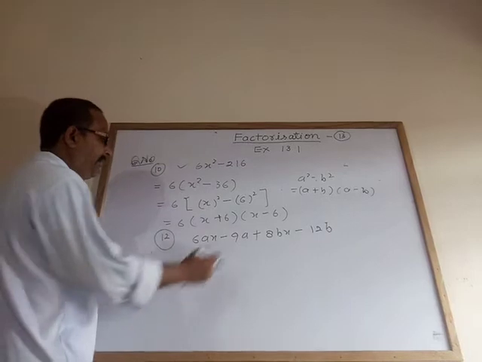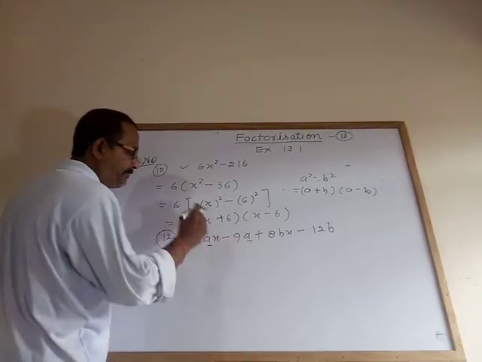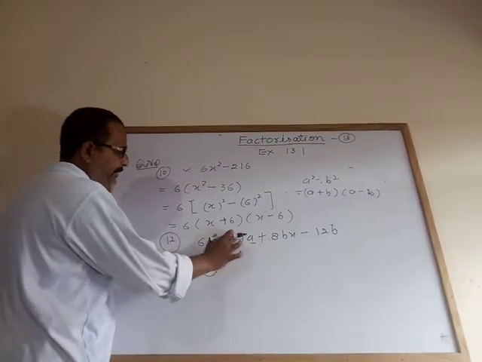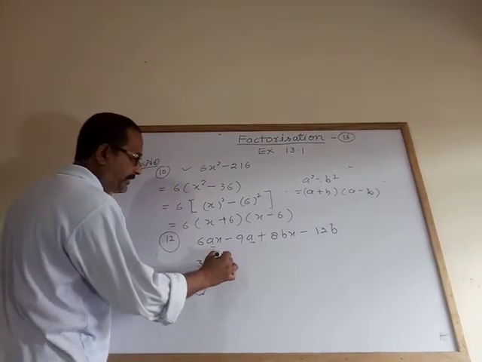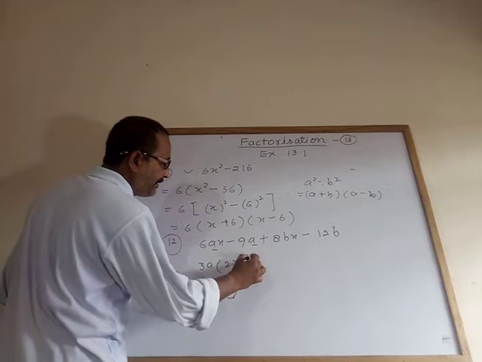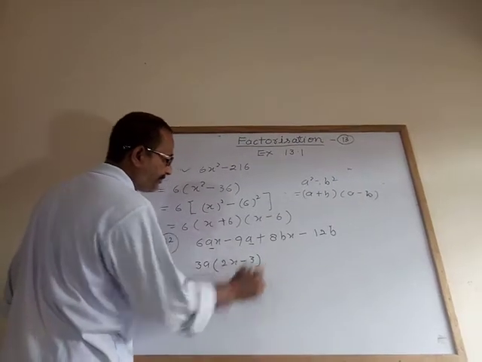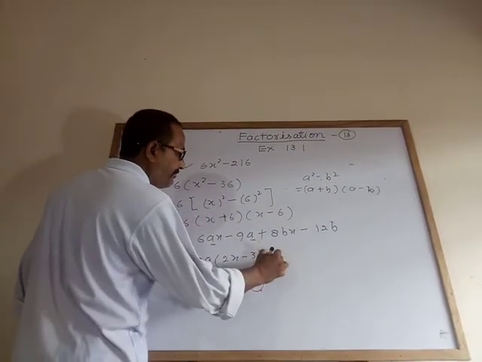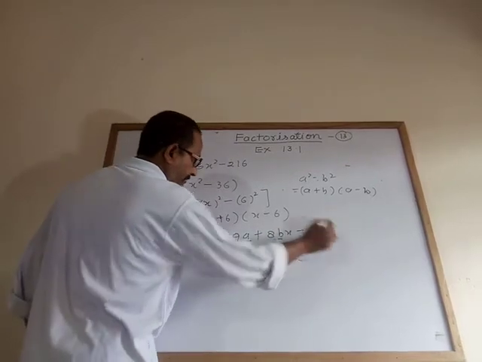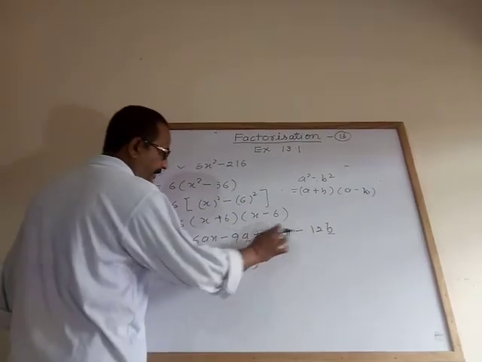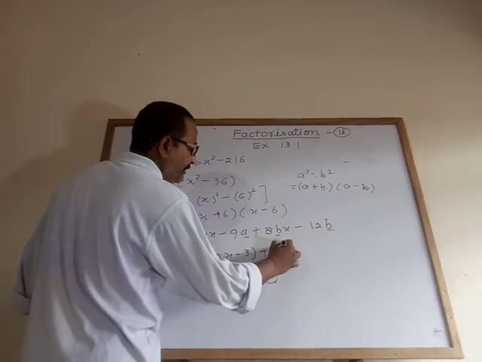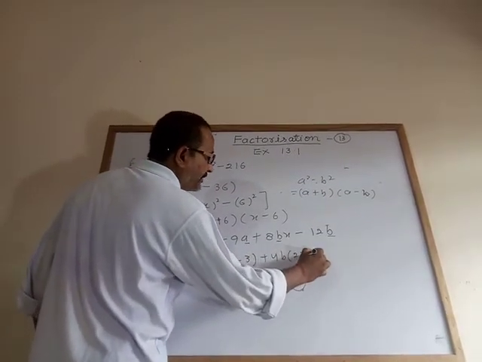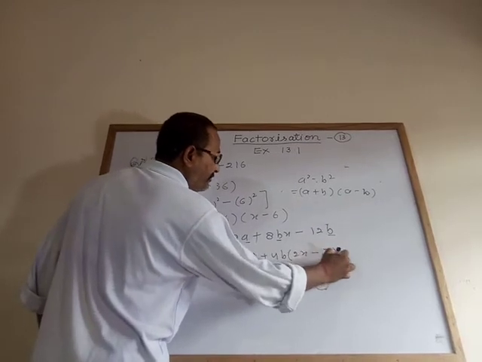You know that a and a already present here. 3 is the common factor of 6 and 9, means 3a as a common. What is remaining here? 2x minus 3, 3 9s are 27... minus 9, plus b, and 4 is the common factor of both 8 and 12, 4b, 2x minus 3.